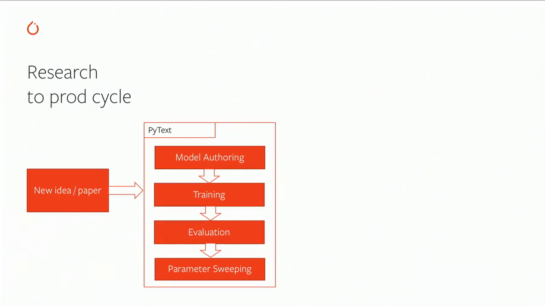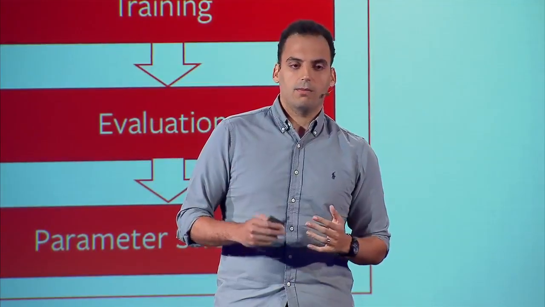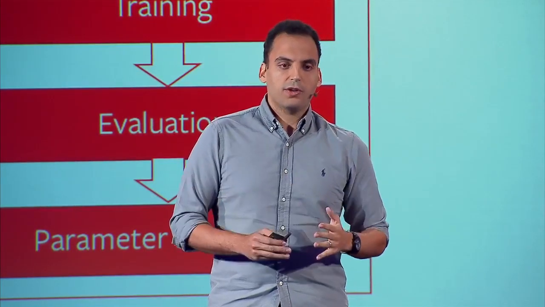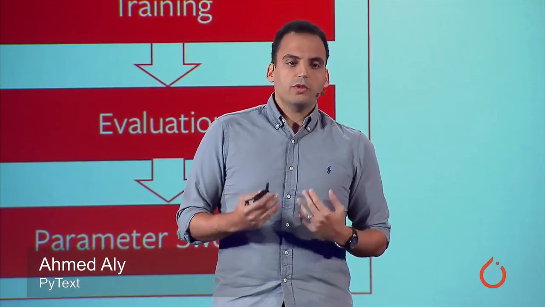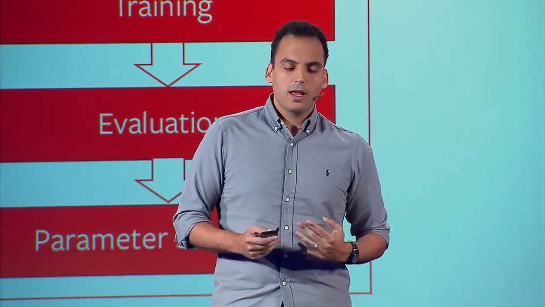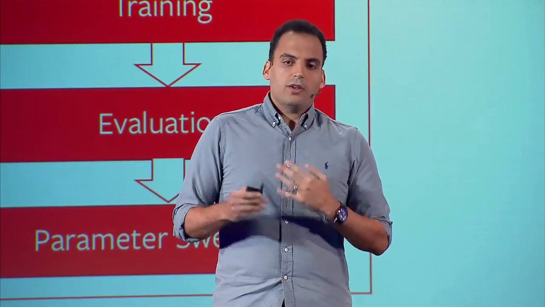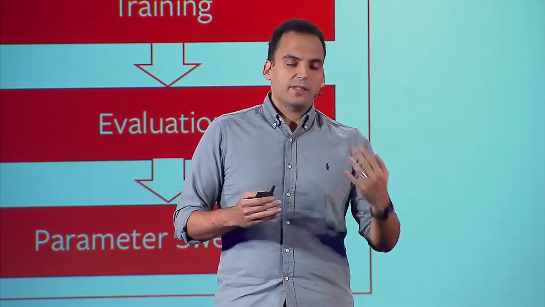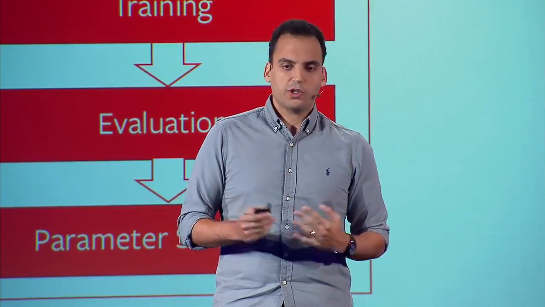It's worth mentioning here that PyText is designed to make model authoring as easy as possible, meaning that if you want to change the model, you don't need to worry about any other thing in the system. All the other components should work out of the box. You can add a model, and you can expect the trainer and the predictor and all the other components in the system to just work.